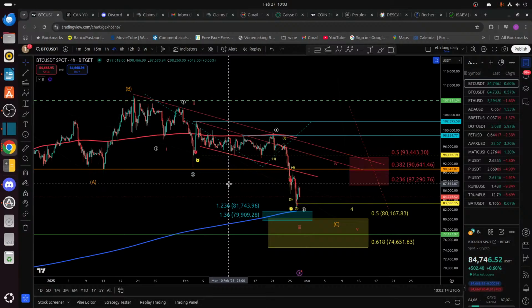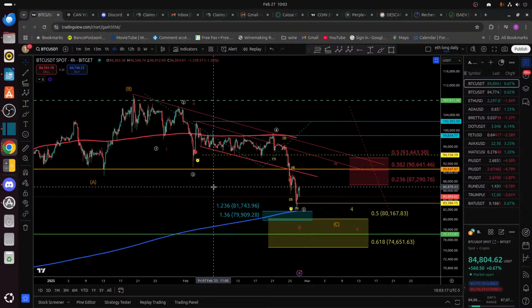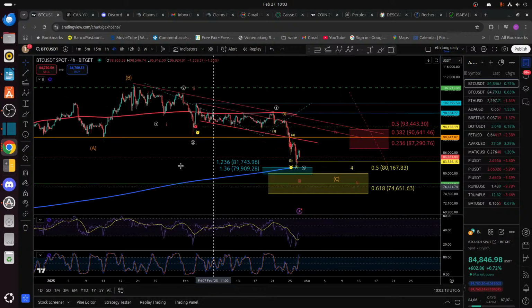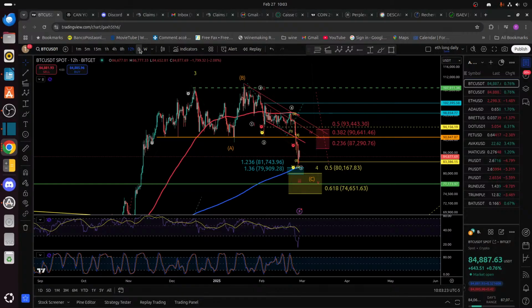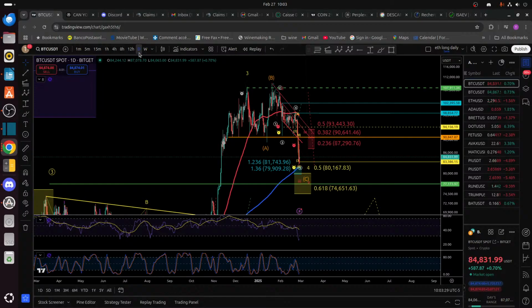Now I want to check the RSIs, and I'm more interested in the 12 hours. You can see it was deeply oversold, and mostly I would say the daily. Finally we do have a nice deep oversold RSI now.